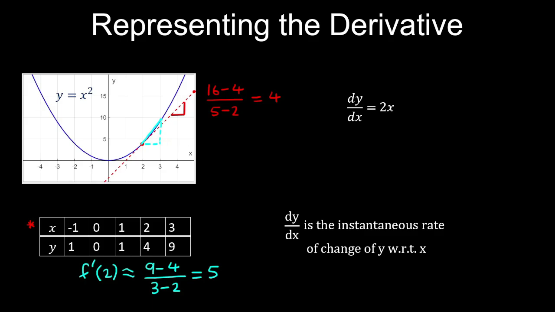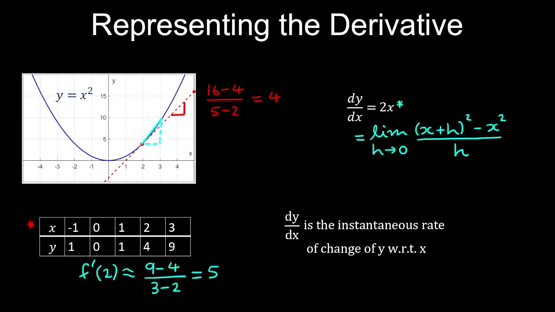Now we can also represent the derivative analytically. So here you could use the definition of the derivative. So we take the limit as h approaches 0. And then using our function, we can obtain the slope of the secant line. And if you evaluate this limit, you'll obtain this result.